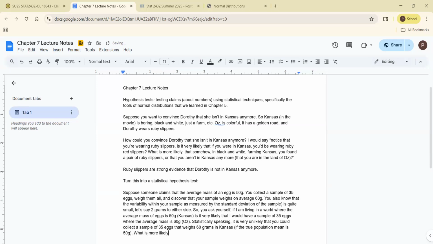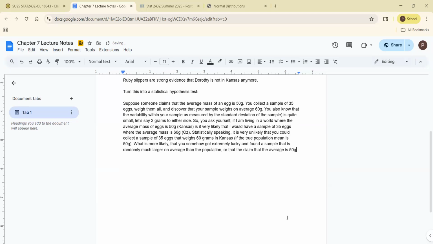What is more likely? That you somehow got extremely lucky and found a sample that is randomly much larger on average than the population, or that the claim that the average is 50 grams is just wrong.